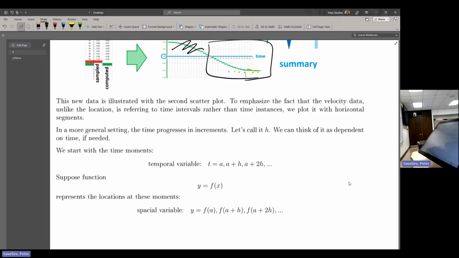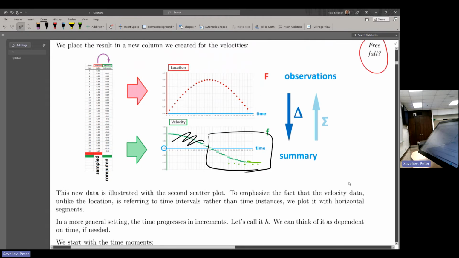The spatial variable will depend on time. Whether that function is specific or not, you can easily imagine that there is no formula for the locations. It literally could be data flowing to you. So there's a computer and it is to be computed what's going on, but there is no formula.